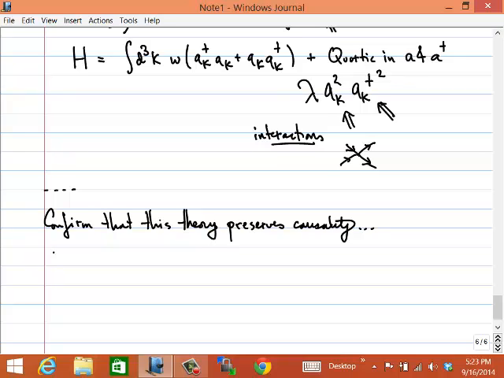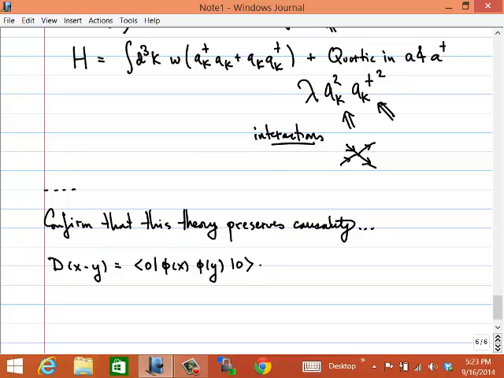So let's consider the following quantity. I'll call it D. What it's going to be is the expectation value of phi of x, phi of y in the vacuum state. So remember, phi is the operator that creates or destroys a particle at position x.